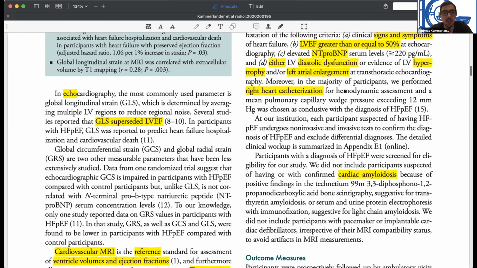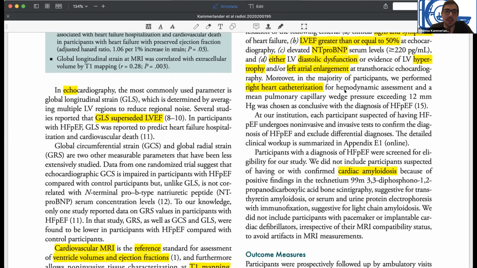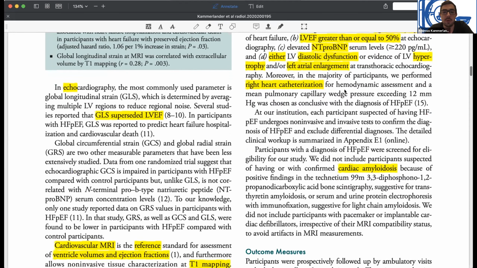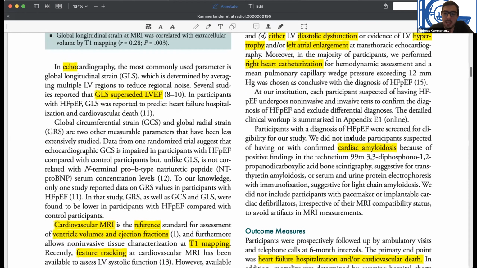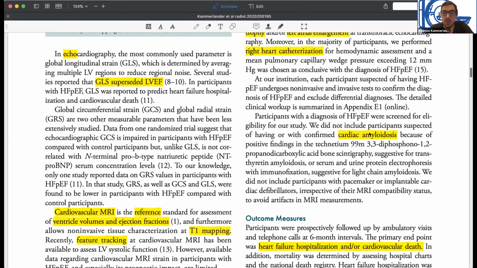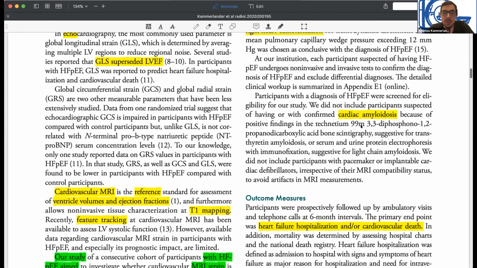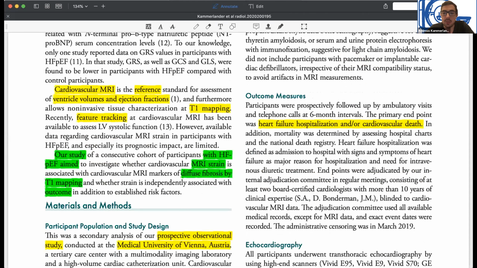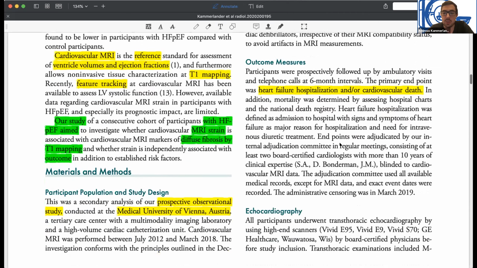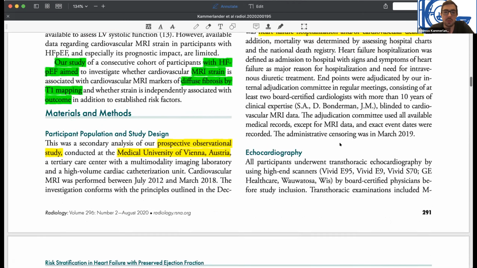We also do, in a fair amount of patients, right heart cath to confirm the diagnosis of diastolic dysfunction. And I think it's worth mentioning that we exclude cardiac amyloidosis in each of these patients. And for outcome measures, we decided on a standard outcome parameter: heart failure hospitalization and cardiovascular death in this cohort, which is a very routine way to do it.